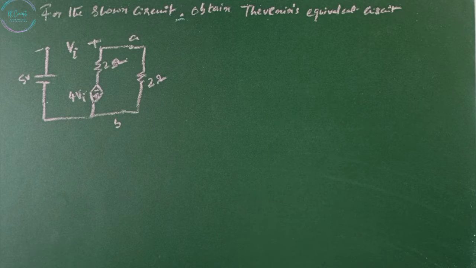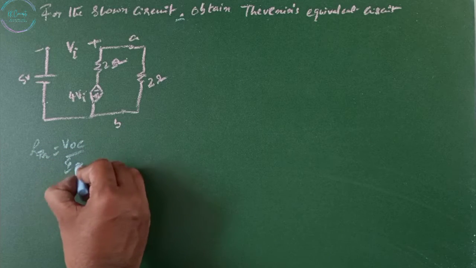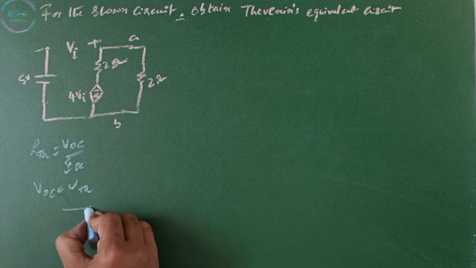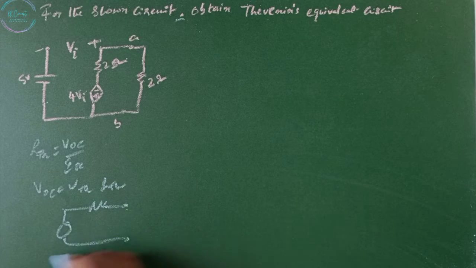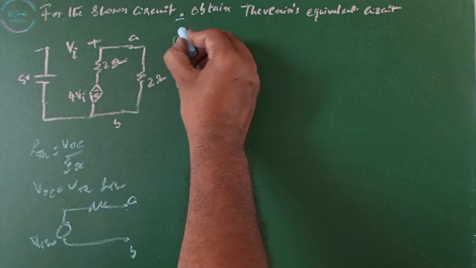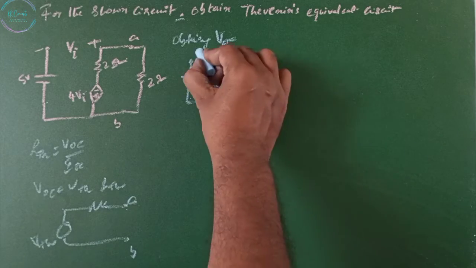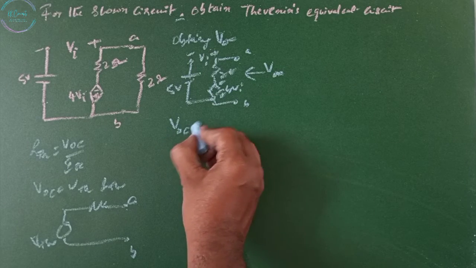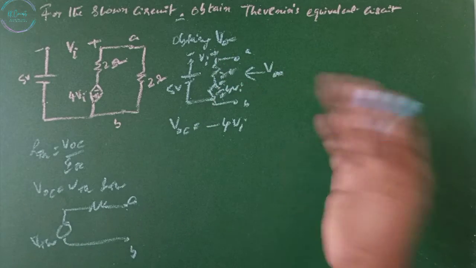Now here also we have the dependent source. Then RTH can be found by using VOC divided by ISC, where VOC is nothing but VTH. Then our equivalent circuit will have RTH and VTH between the terminals A and B. Now obtaining VOC within the terminals A and B. This is my VOC, then VOC equals minus 4 VI, appearing upon this, minus and plus in opposite directions.